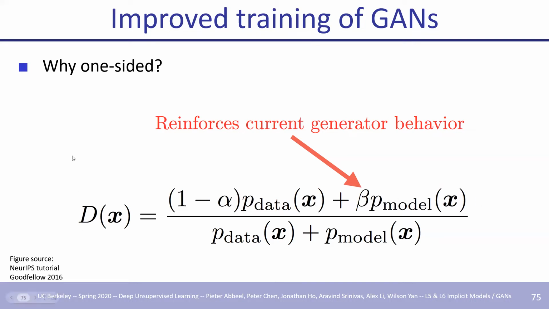So this will have a huge value and can cause problems. From what they say, it reinforces the current generator behavior. So yeah, this probably needs to be put back into that equation to see what is actually going on. But they say we shouldn't have this term at all. It should just be 0. So they set this to be, instead of 0.1, 0, and this part, 1 minus alpha, is 0.9 to add some noise.